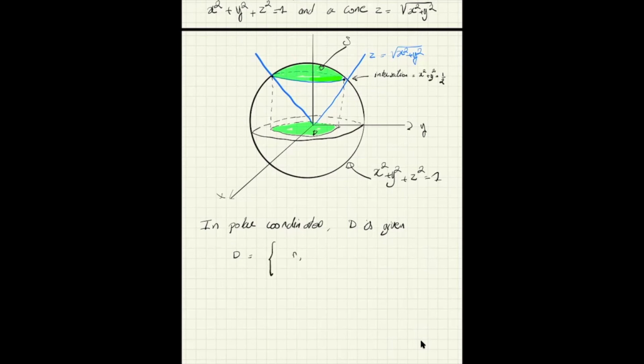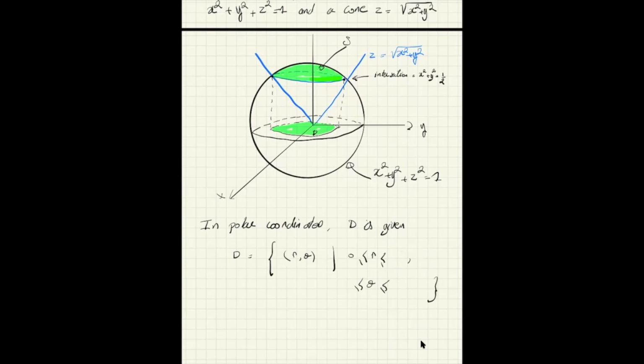So D will be all the elements r, theta, such that, for a disk, r is between something and something, and theta is between something and something. So r will be between 0 and 1 over 2, not 1 over 2, it's 1 over square root of 2, because this is the equation of the intersection.